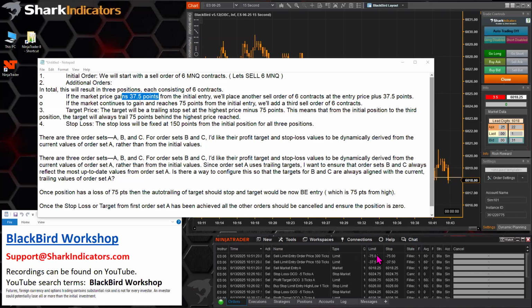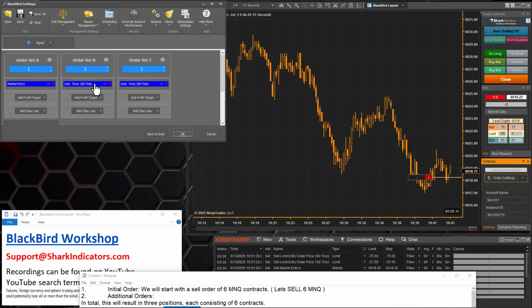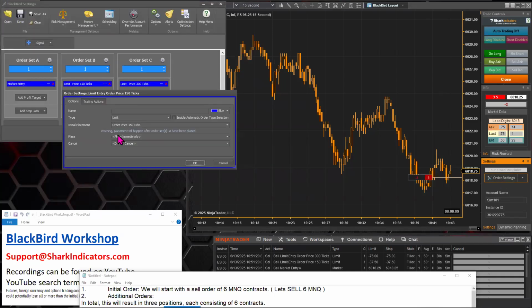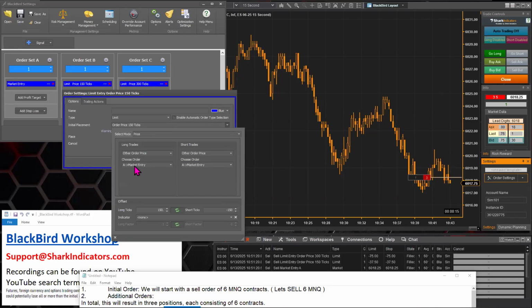Yeah, it took a limit, and as we can see, negative 75, negative 37.5. All right, that's what happened. So what happened here is, in the initial placement, this other order option, this market entry, has a price of 0.